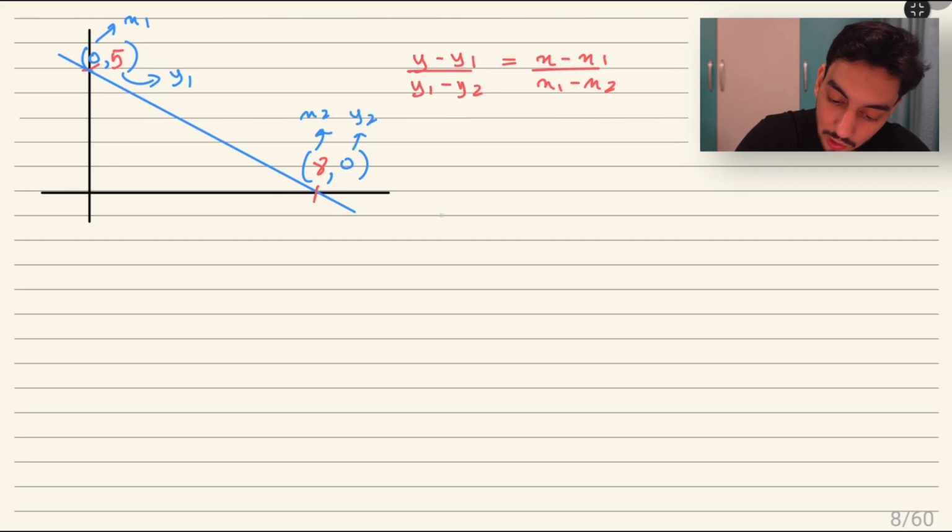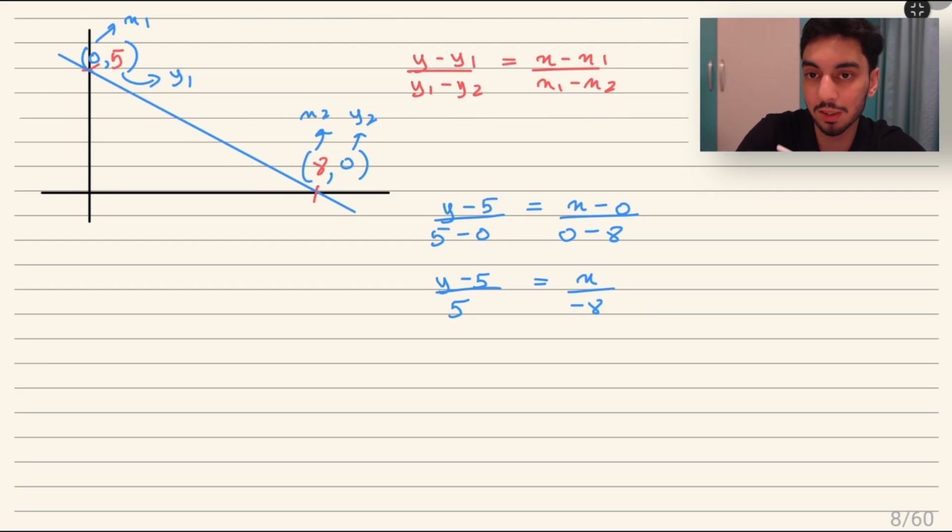So y minus y1, y1 is 5, upon y1 minus y2, so 5 minus 0, is equal to x minus x1, x1 is 0, upon x1, which is 0, minus x2, which is 8. So this becomes y minus 5 upon 5 minus 0, which is just 5, is equal to x minus 0, which is x, upon 0 minus 8, which is negative 8.